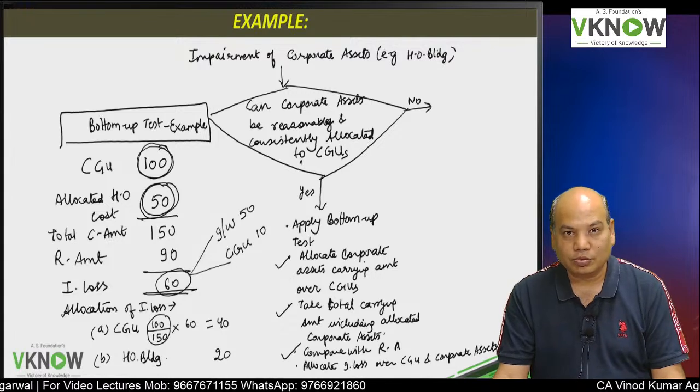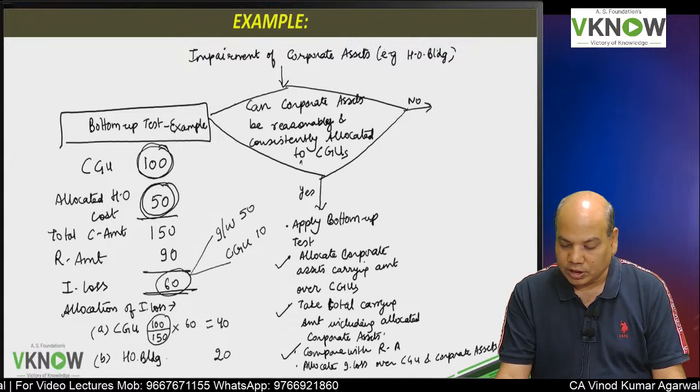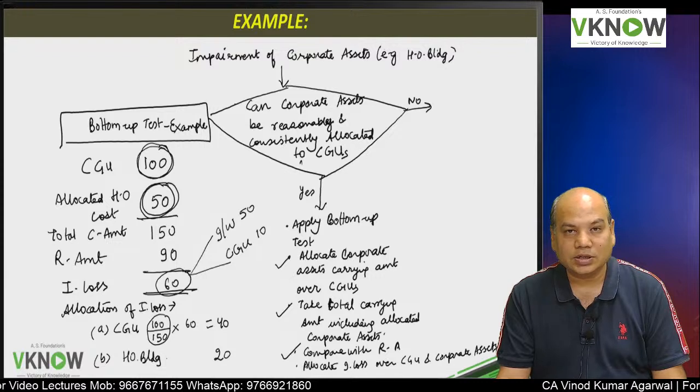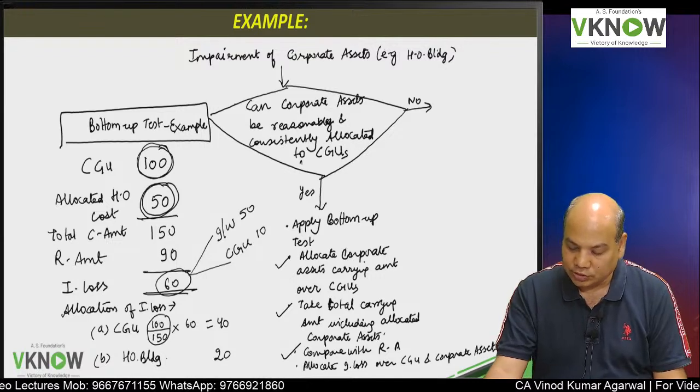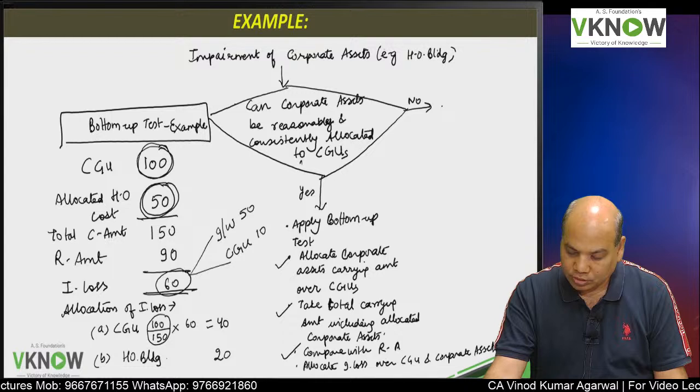Now come back to this flow chart. Can the corporate asset be reasonably and consistently allocated to the CGU? The answer is no. Then what will you do?